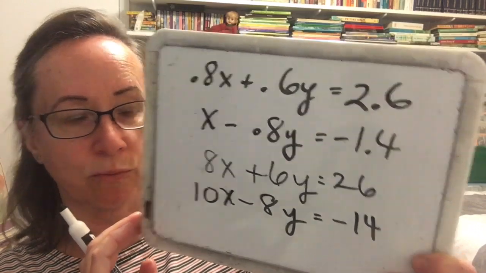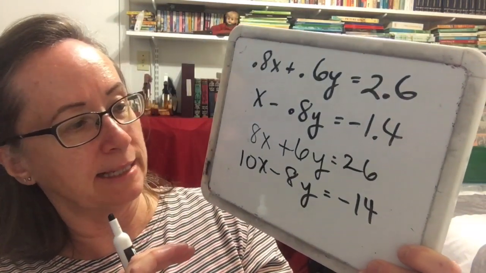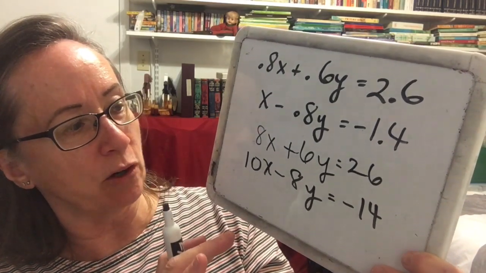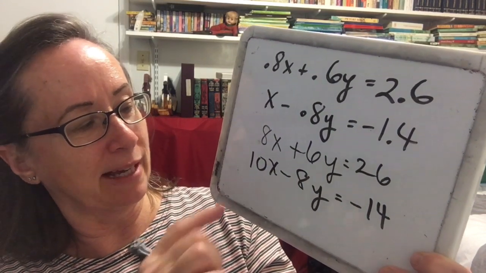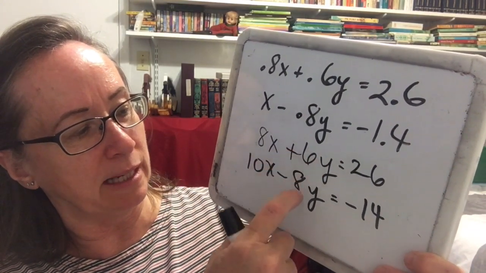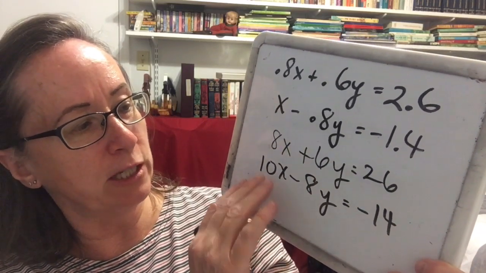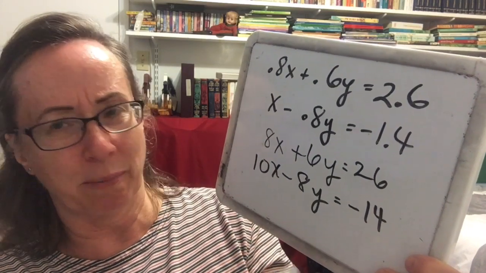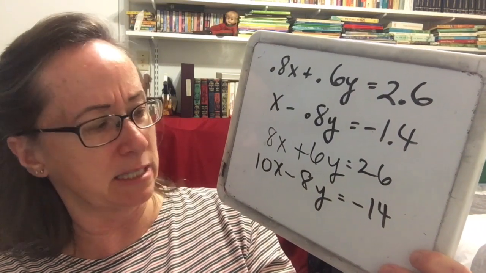Okay, and that's really much easier to look at, isn't it? So I would even do something else. So when I'm starting to solve something, here I've got 8, 10, 6, 8. What if we just divided the top one by 2 and the bottom one by 2 just to keep our numbers a little bit smaller?